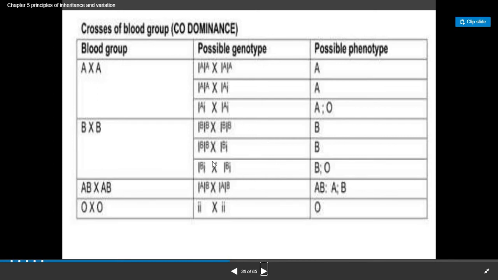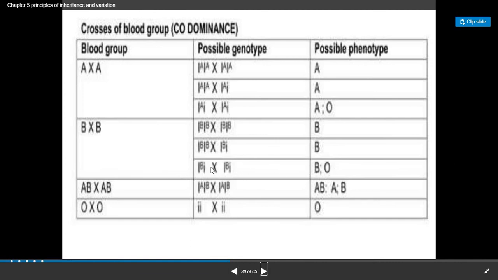You can see that whenever both capital I are present, it will result in B. Whenever only one capital I and small i is present, then this character is expressed and it will result in the B blood group.